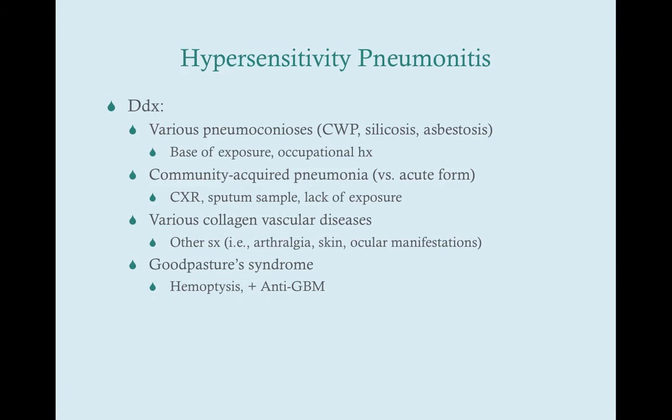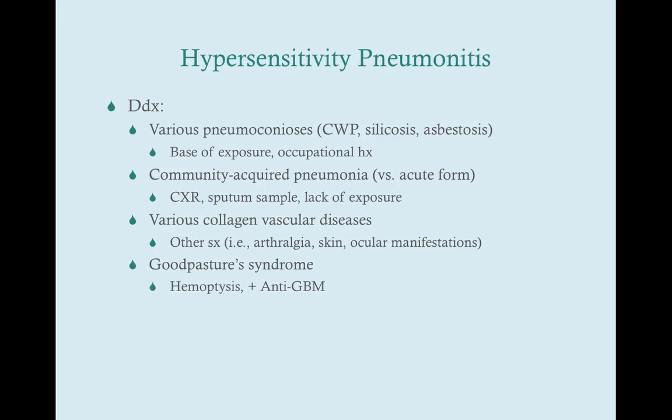The differential diagnosis for hypersensitivity pneumonitis is going to include the various pneumoconioses. So that would make sense just based on the fact that it's a patient with lung disease with an occupational exposure. The difference is the occupational history. So if it's a coal worker or a construction worker, they're more likely to have a pneumoconiosis.